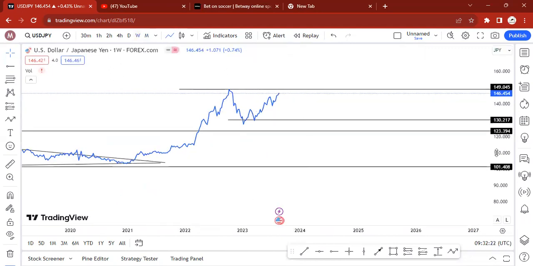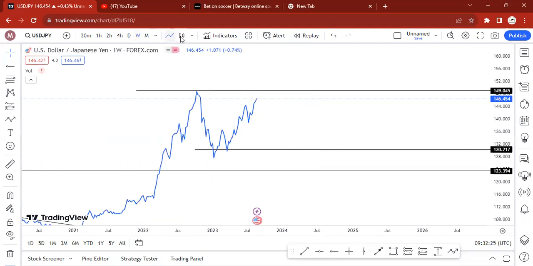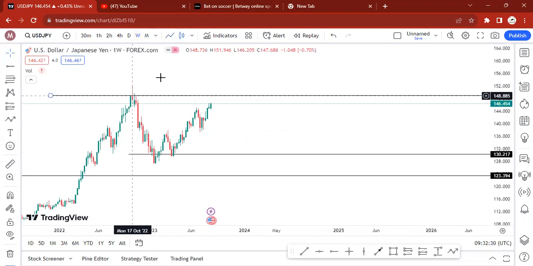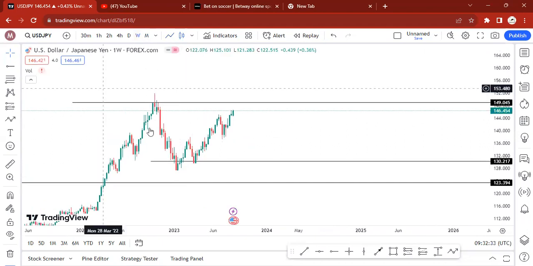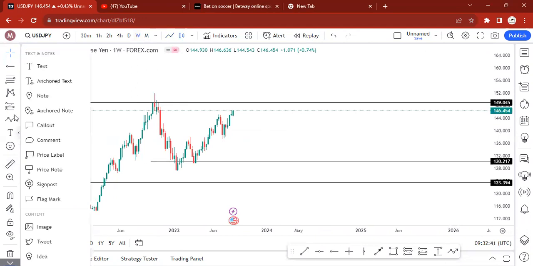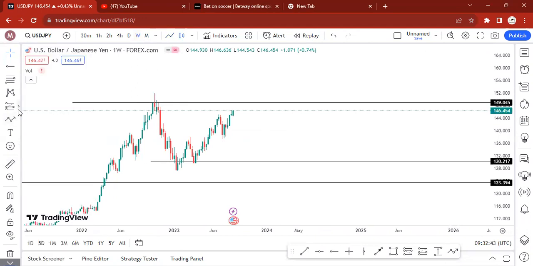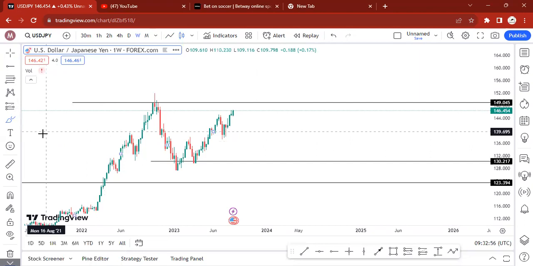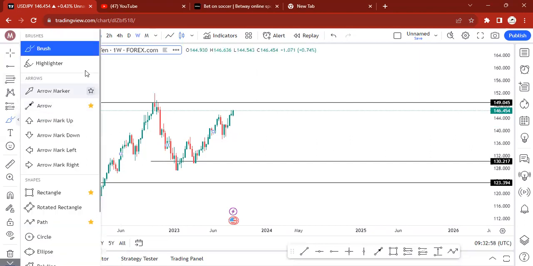So now on our weekly time frame, let's just zoom further. We can identify that we are now heading towards our first level of resistance. And you have to remember that this is our first level of resistance since it broke out somewhere there. I'm looking for the brush. All right.